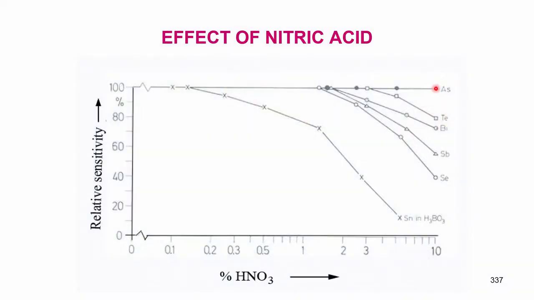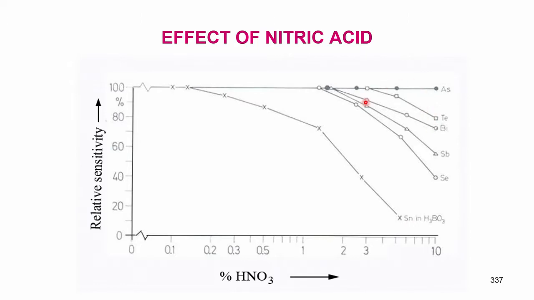The hydride generation will be more, so the formation of metal hydride is more, but the signal will be depressed. So it is a compromise, you have to organize between these elements. For arsenic, you can see here, it is absolutely no problem up to 10% acid also.